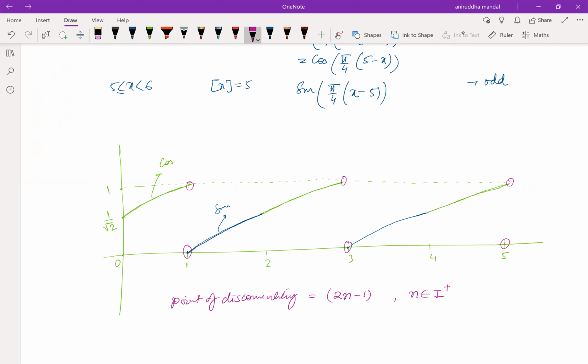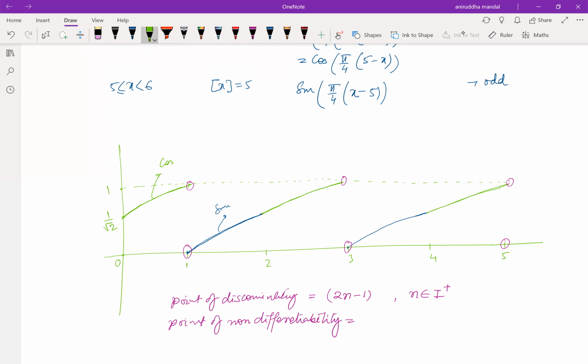Okay, and we can write that. Similarly point of non-differentiability is the same, because for all the points of discontinuity, at the same points the function is also non-differentiable, because at all the other points the function is differentiable.